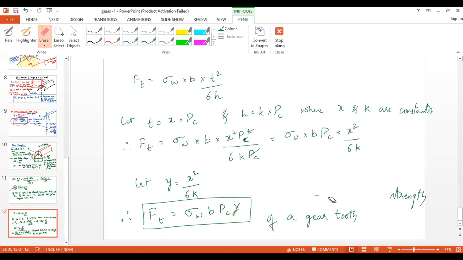It is better to call it the strength of the gear tooth. And this equation is known as the Lewis equation.